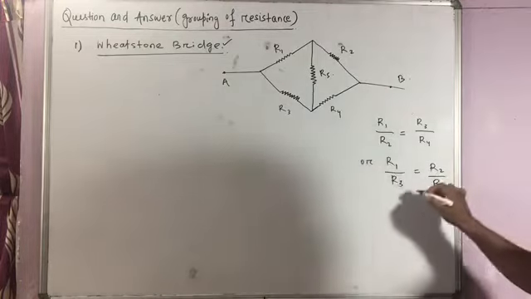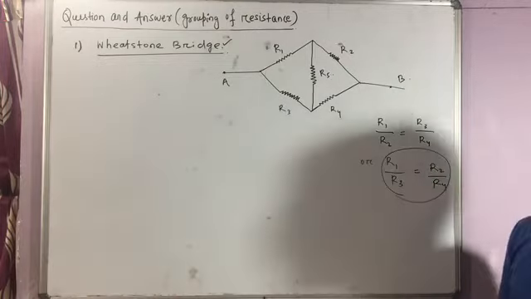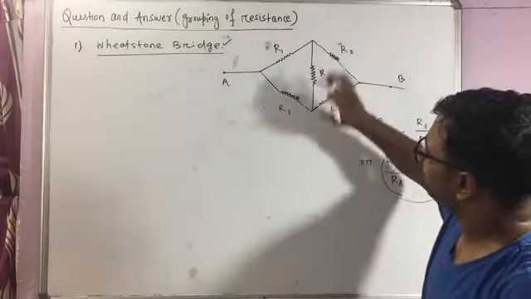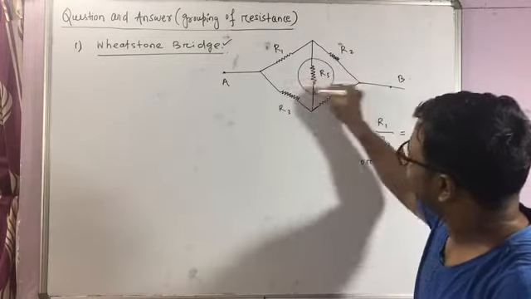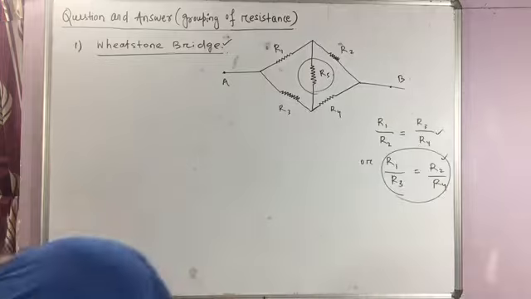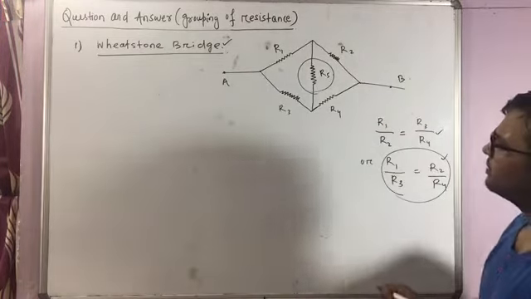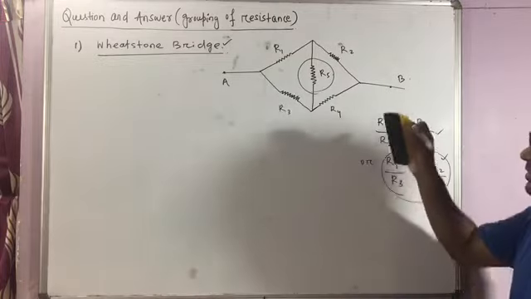Then this condition is called the balanced Wheatstone Bridge condition. If this is the situation, then you remove the resistance R5 from the network. We will see why we are removing it. This is called your balanced Wheatstone Bridge condition.